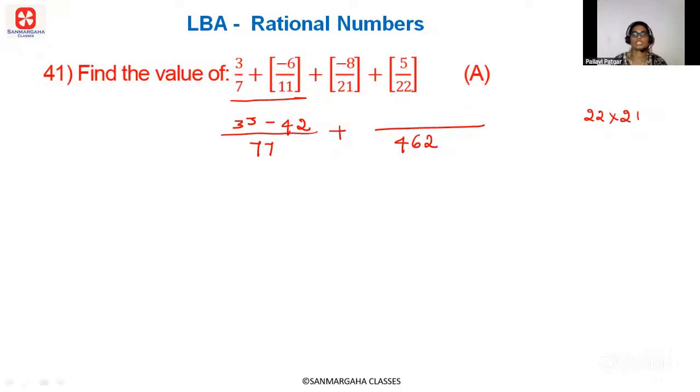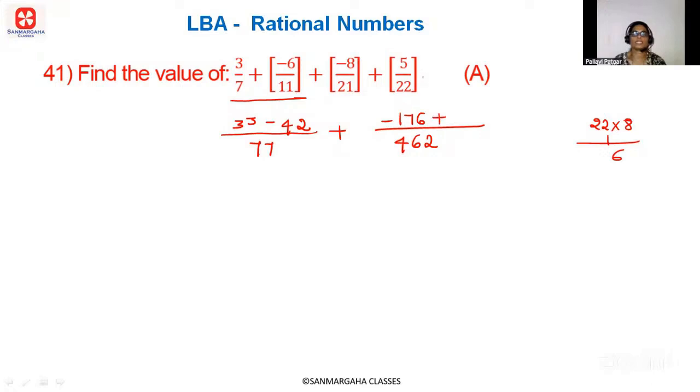So here 22 into 8, so 16, 176. So minus 176 plus, so 22 into 21.